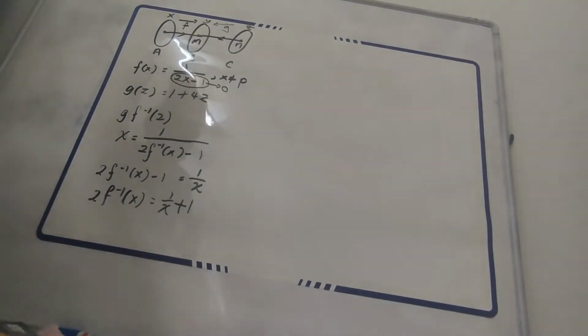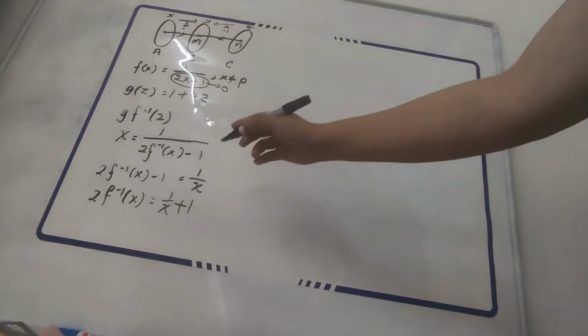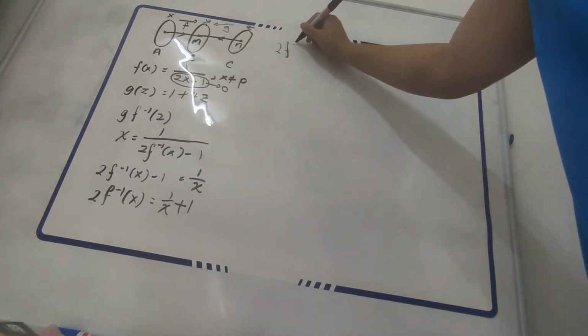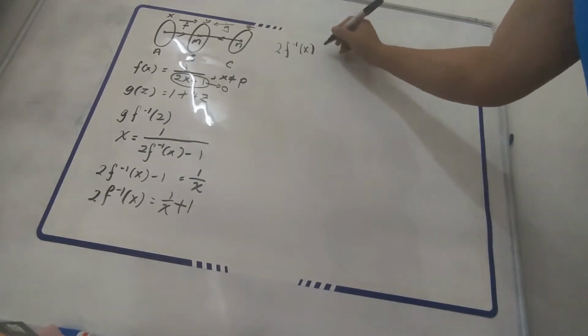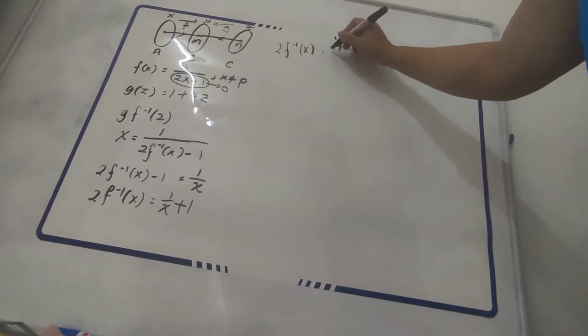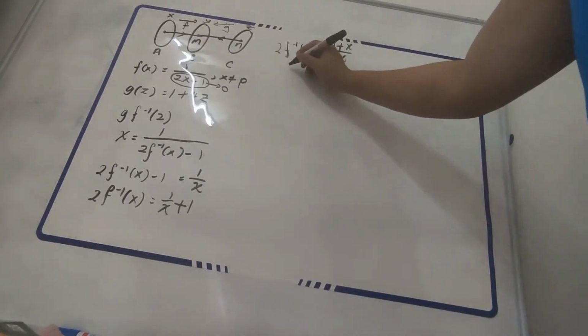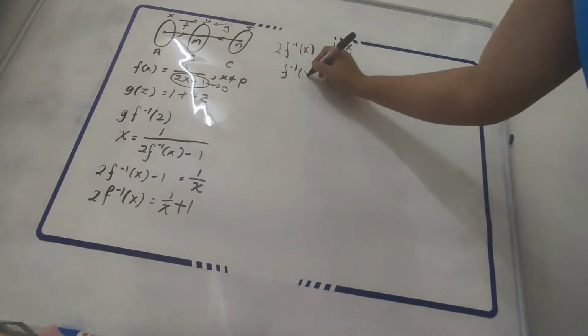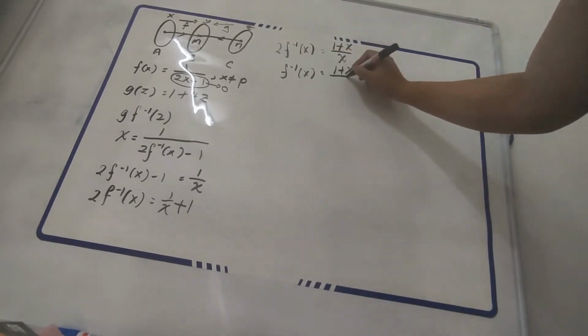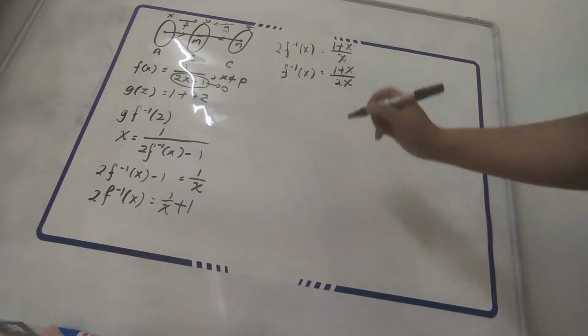Plus 1. Don't forget. And from here, the inverse function f inverse of x is equal to (1 plus x) over x. So your inverse function of f is equal to (1 plus x) divided by 2x.